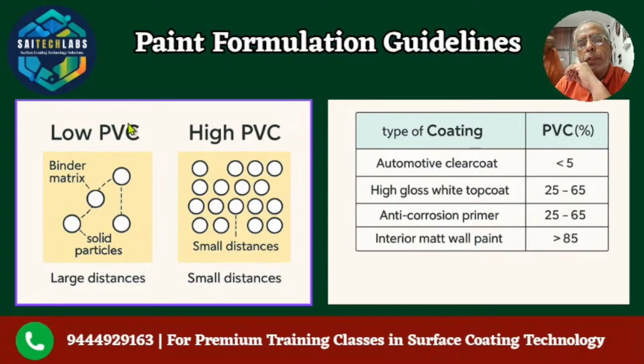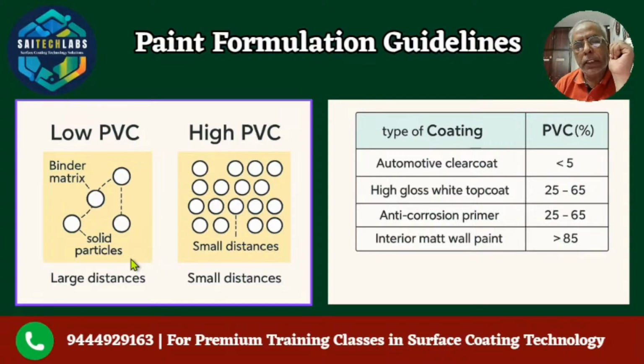In the case of low pigment volume concentration, you can find a few solid particles representing the pigment or the extenders, whereas you have the yellow binder matrix, which is more exposed, right?